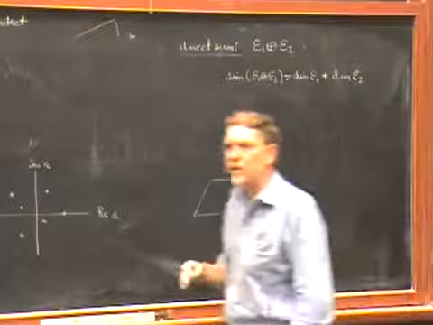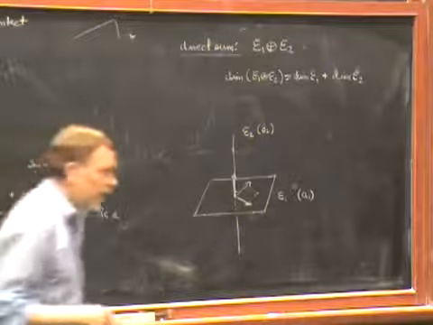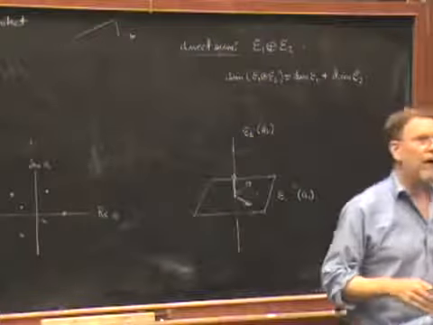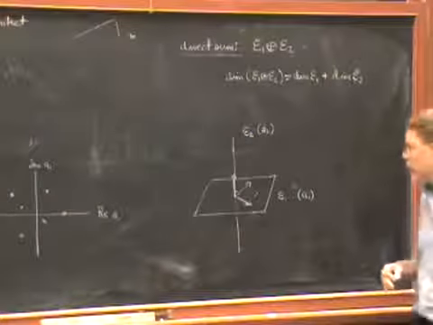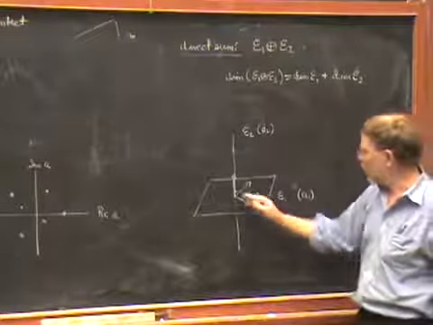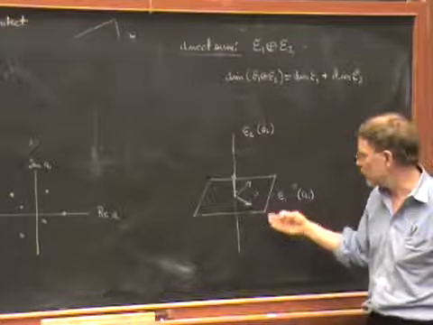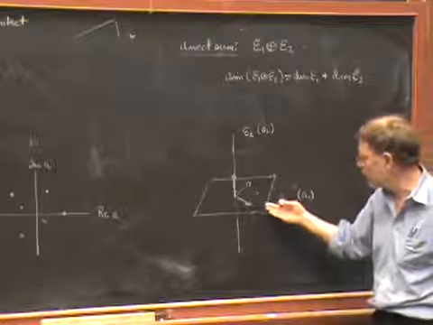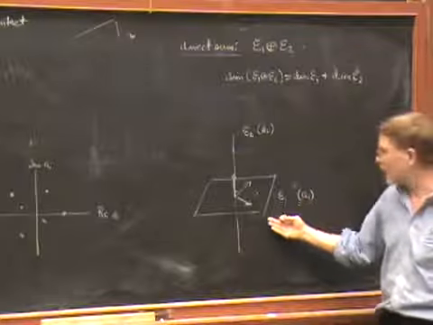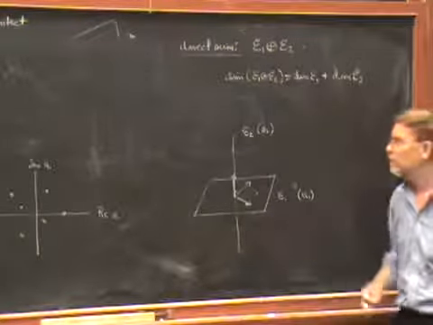A basis means a set of vectors that span the space, and an eigenbasis means that they should be eigenvectors of a given operator. Well, it's clear this is true because, since these different eigenspaces are orthogonal to one another, all you have to do is choose an orthonormal basis in each of the eigenspaces. And then the collection of all of those becomes an orthonormal eigenbasis for the whole space.